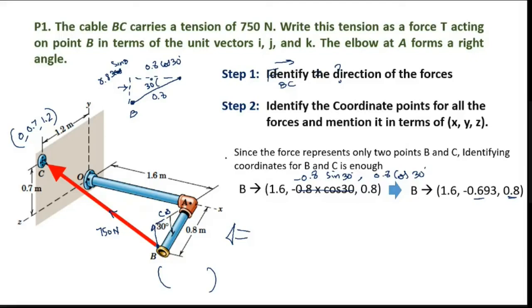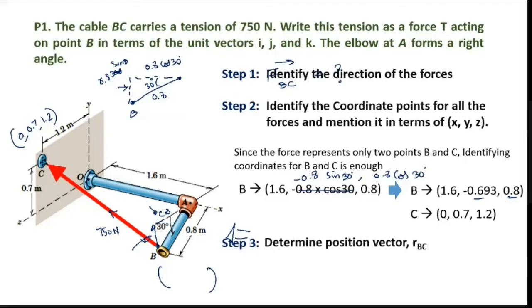Once I have the values for C and B, I can directly find it out. Since there is an angle, I am resolving it, identifying what this distance is and what the other distance is. Once you identify that, you can use the formula. You can identify the position vector BC, which is C coordinate minus B coordinate.